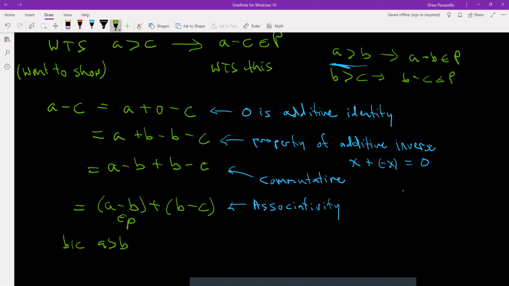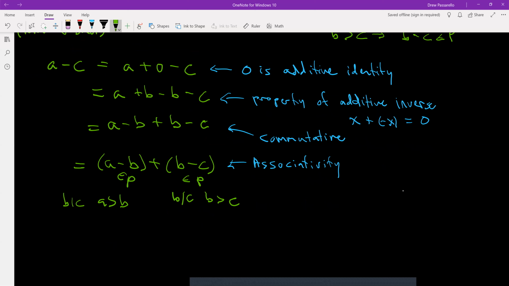B minus C is an element of P because of our assumption that B is greater than C. So if I have an element that's in P plus another element in P, then the whole thing, A minus C, has to be in P because of closure.